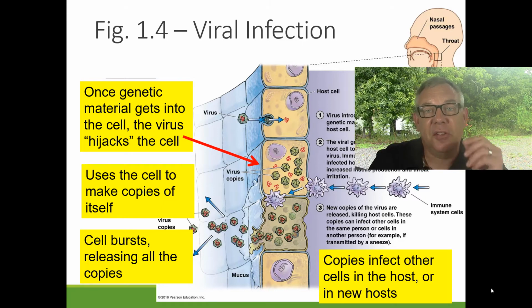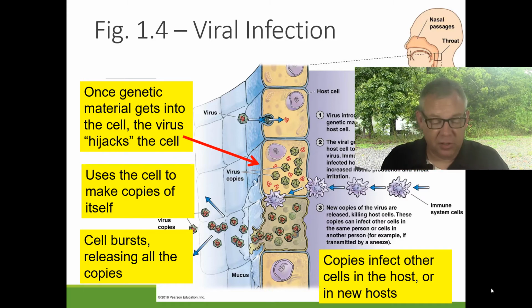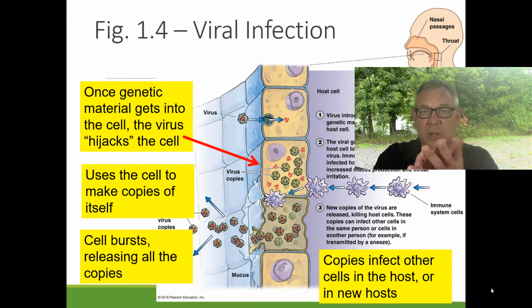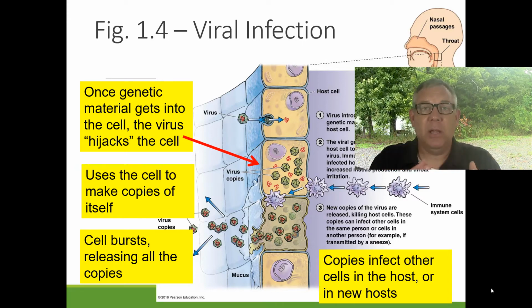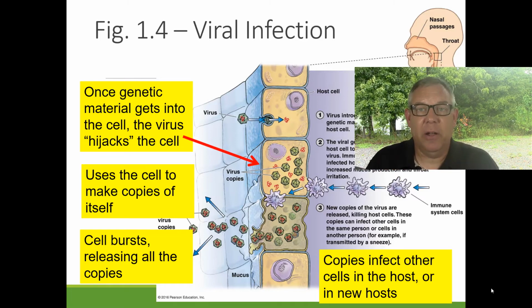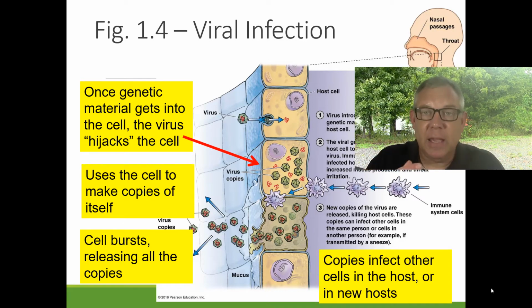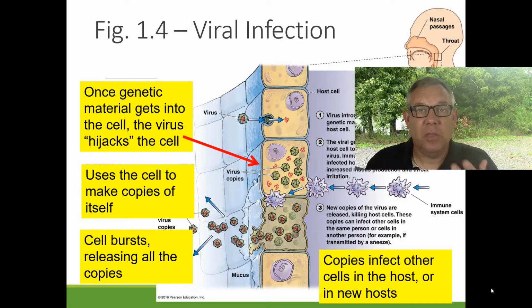And it uses the cell of its host to make copies of itself. And so again, the virus is just some genetic material, either DNA or RNA, and a protein coat. Well, all cells have genetic material, all cells make protein, and so all cells have the capability of making copies of this virus. And so that's what the virus does.